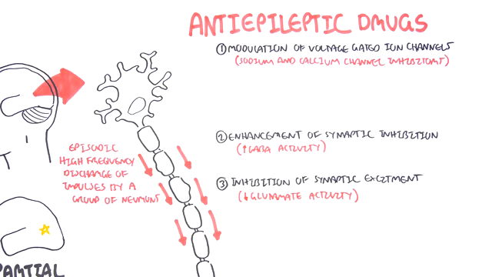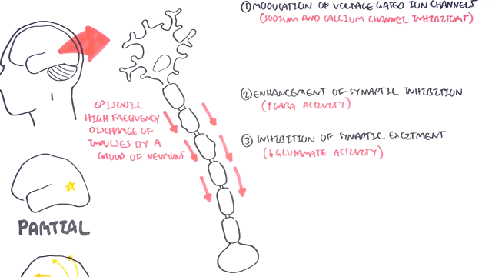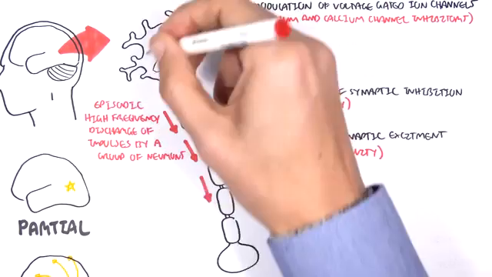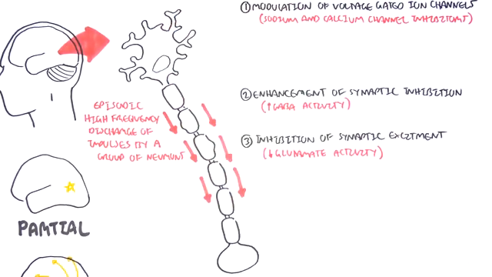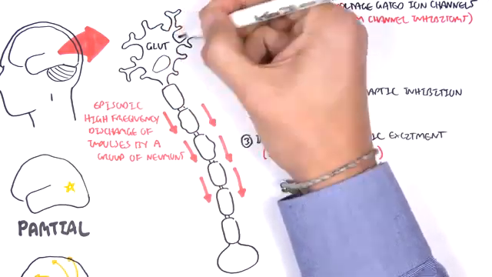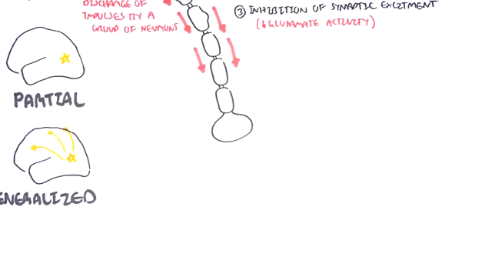So again, to recap, in the central nervous system, you have two main neurotransmitters that counteract one another. These are glutamate, which is an excitatory neurotransmitter, and GABA, which is an inhibitory neurotransmitter. So this cell here, let's say, is a glutamatergic neuron, and it will excite the brain.